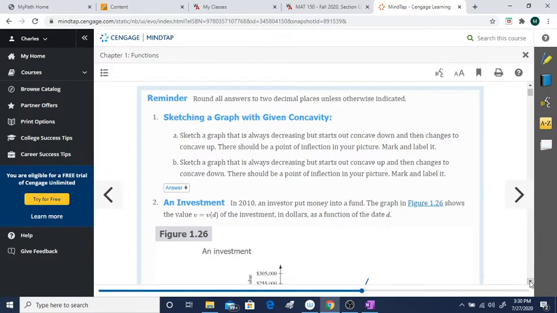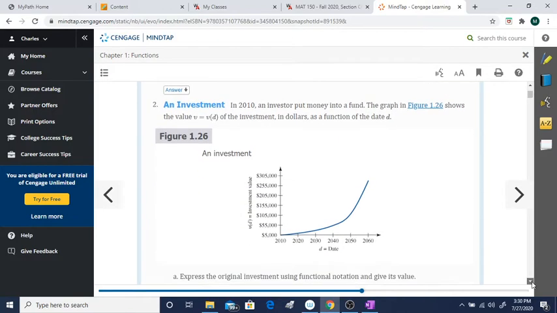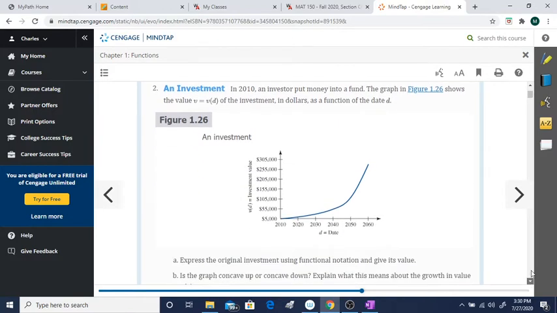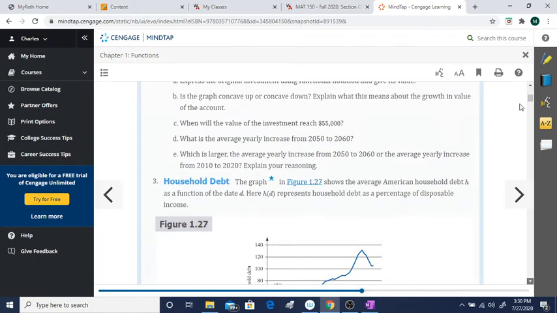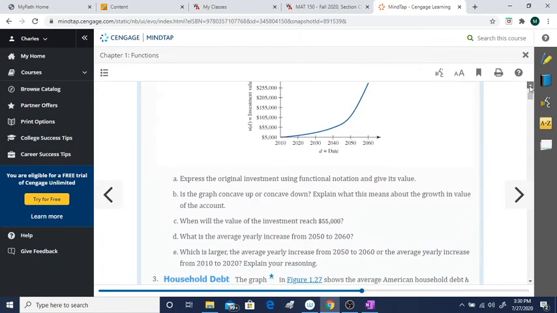Is this an investment? Okay. And I've got several parts of this. Express the original investment in functional notation and give its value. Does it concave up or down? What about when will it reach 55,000?